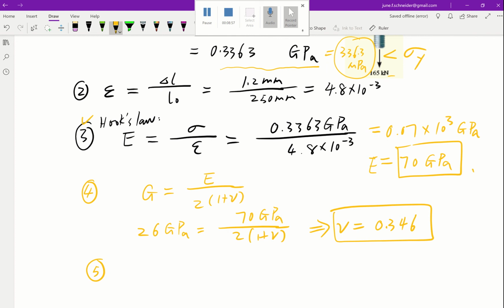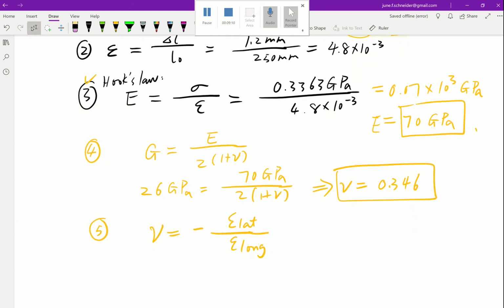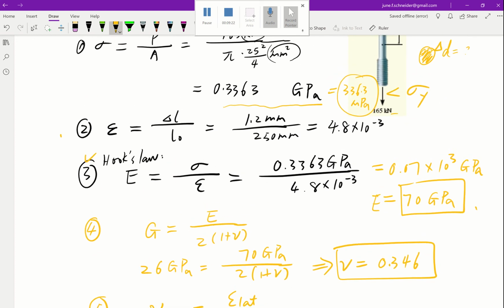How do we do so? Poisson's ratio is negative epsilon lateral over epsilon longitudinal, right? So this is 0.346, and we want to figure out the lateral strain. However, do we know the longitudinal strain? Yes, we do. It's from step 2.